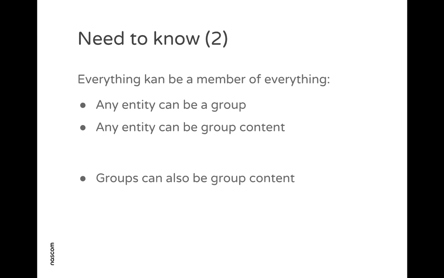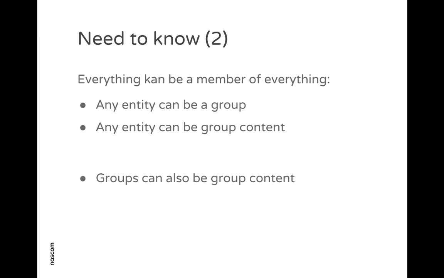Something else that might have been obvious by now is that anything can be a group and anything can be content, doesn't matter which entity. So it used to be that in Drupal 6 a group had to be a node, and then based on this node you could do some stuff, but it was pretty limited to users and other nodes and maybe some taxonomy terms.